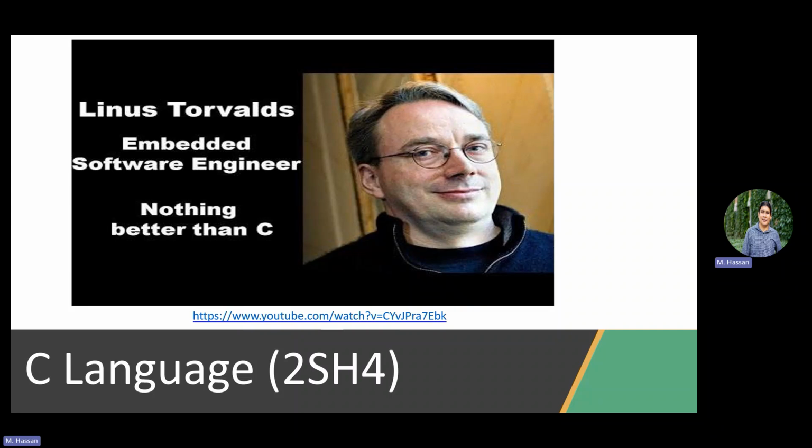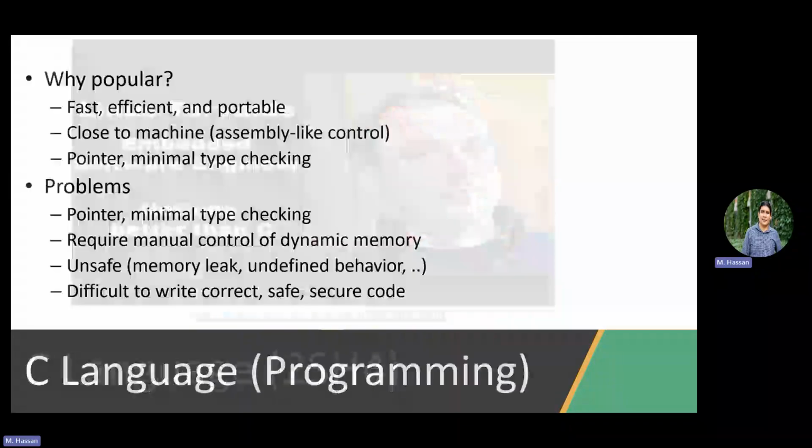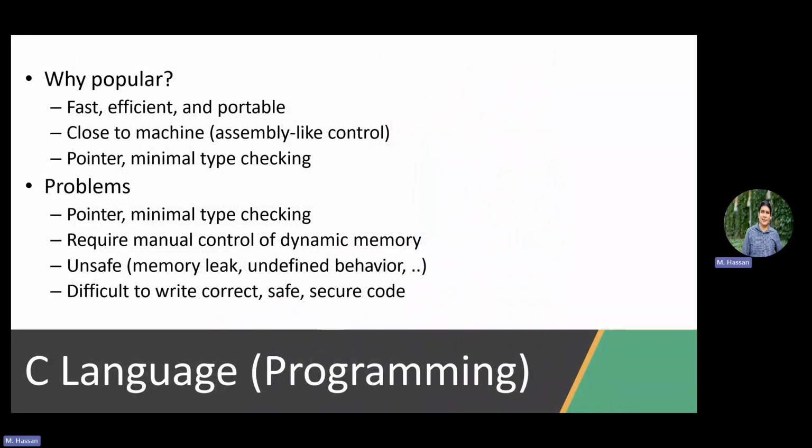I think he is more like a legend for computing systems. He has a very nice interview video here. I can tell what he's going to say in the video from the title: nothing is better than C, right? He's a very active advocate that C is in fact the best language up until now. It's very nice. I think you should hopefully watch this video, just to broaden your mind about how people think about different languages.